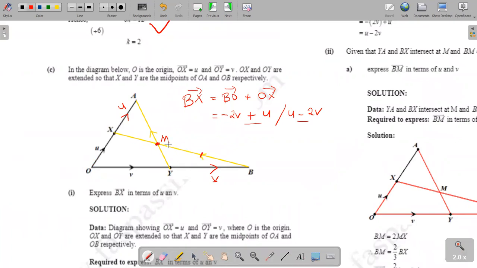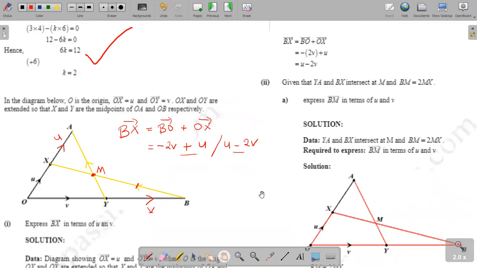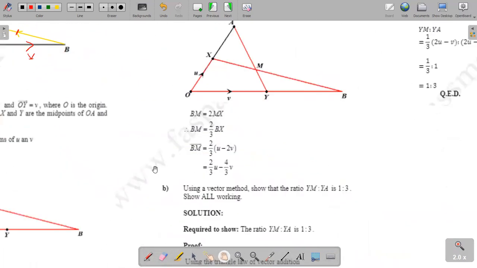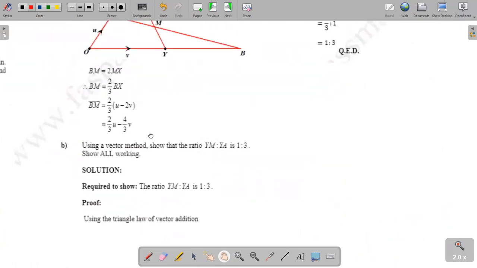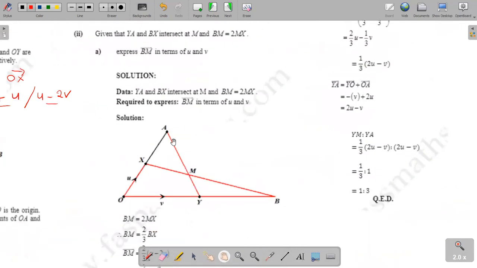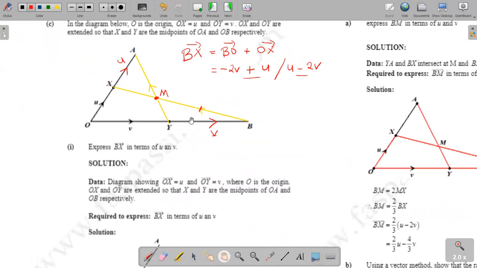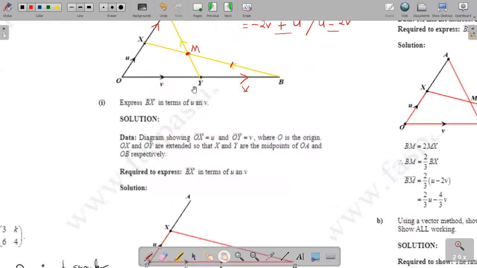Everybody see what I'm showing you? They're saying 2 of these equal 1 of these. Hello, y'all with me? You realize? Yeah? So this is what you should have, right?